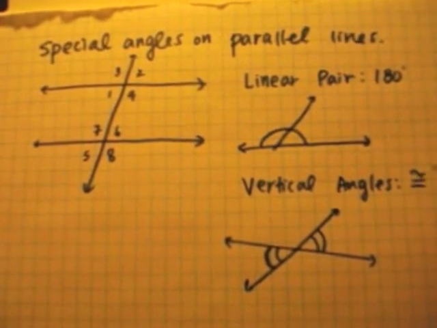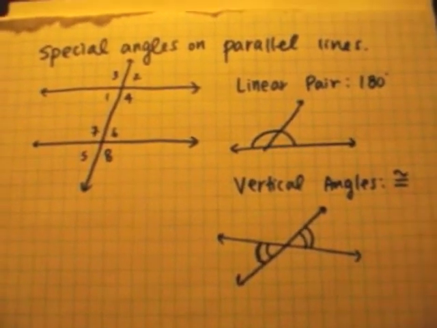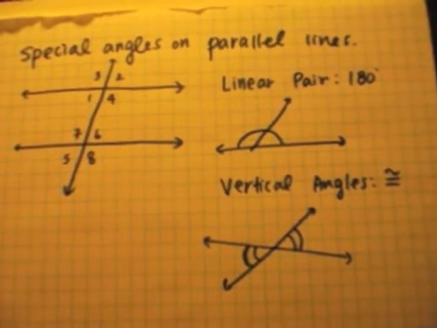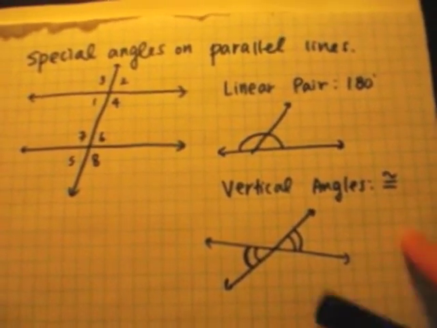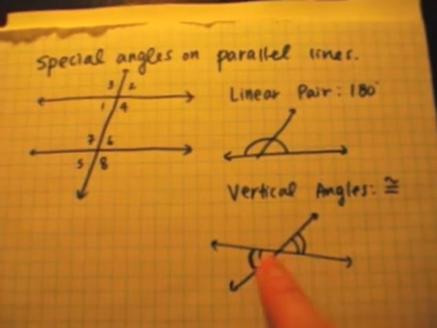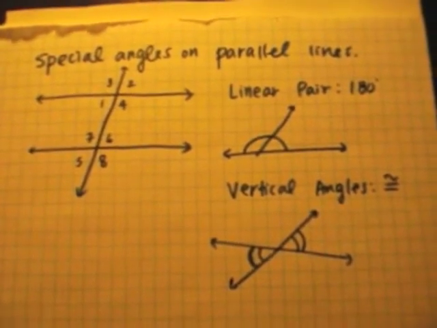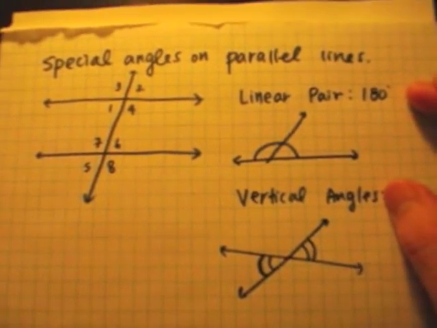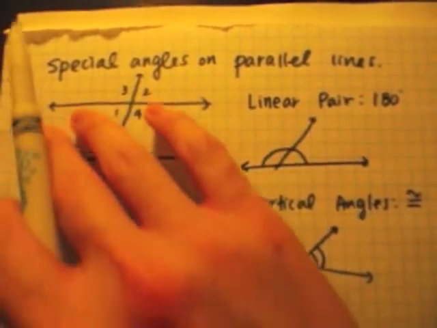So for the linear pairs, there are two angles that add up to 180, and for the vertical angles, there are two angles that are across from each other. They are congruent.